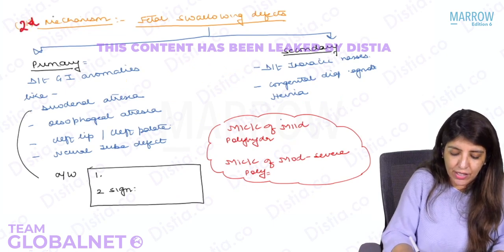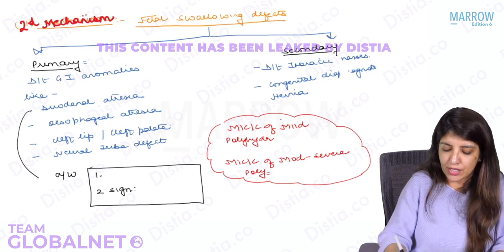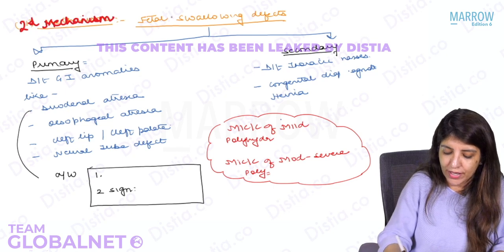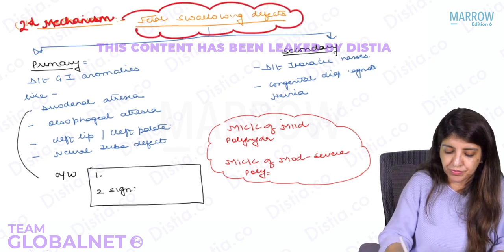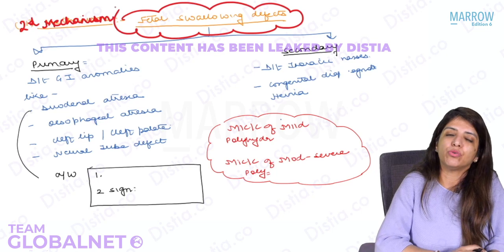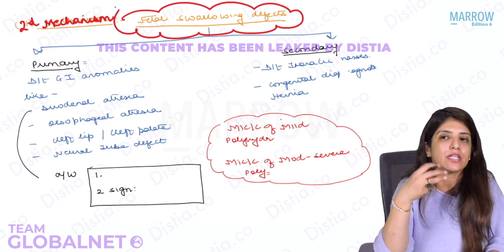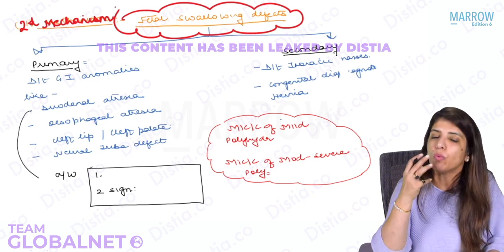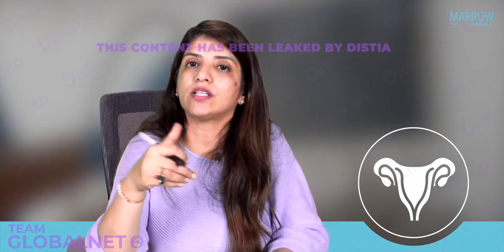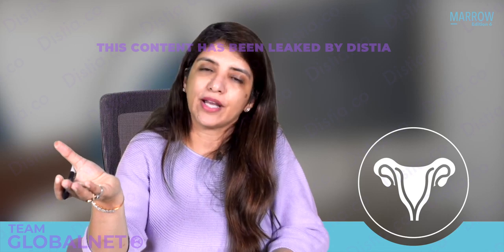So the second mechanism which can lead to polyhydramnios is a fetal swallowing defect. Now, I was telling you that a fetus not only produces urine, it keeps it in balance by swallowing it. So whenever there is a swallowing defect, it is going to lead to polyhydramnios.